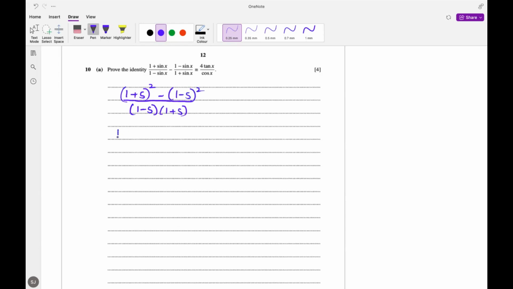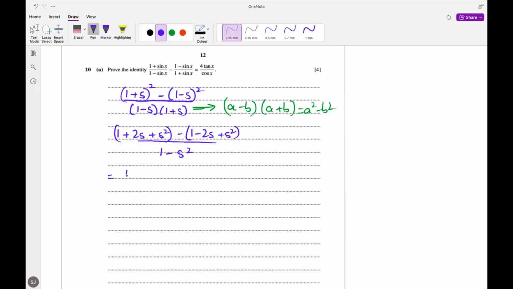Expanding the brackets, this will become 1 plus 2 sin x plus sin squared x, minus 1 minus 2 sin x plus sin squared x. In the denominator, we can apply the algebraic identity (a minus b)(a plus b) equals a squared minus b squared, so we can write this as 1 minus sin squared x.